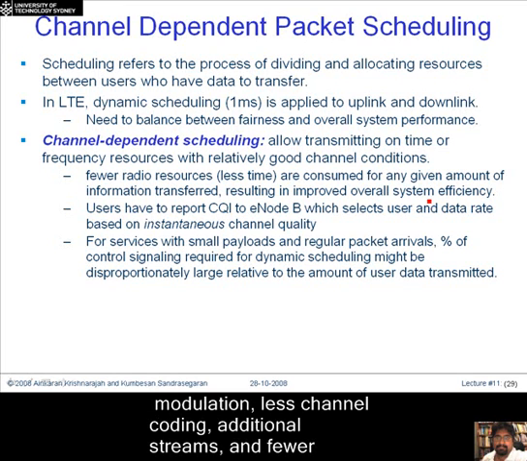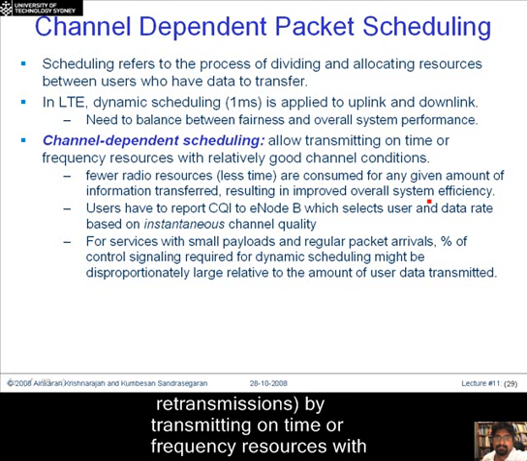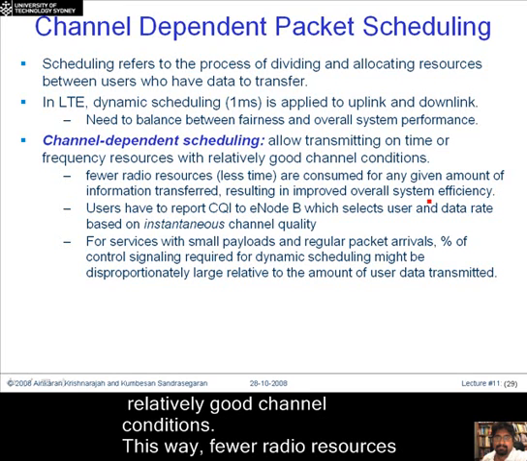Now by doing this, assuming that all users have equal probability of getting good channel conditions, by having channel dependent scheduling, the resources that you are using, you're using more effectively.